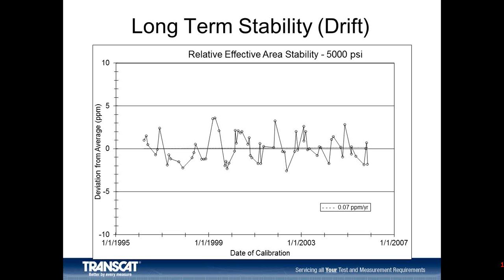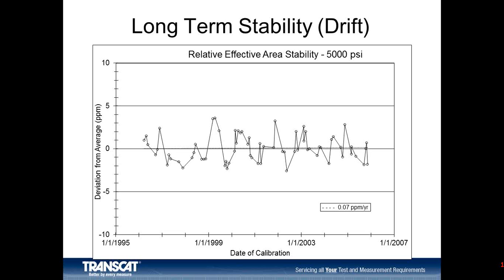It's really not statistically significant because you can see there's a lot of up and down in the data, scatter in the data, and that's because of the repeatability limitation of this process. The repeatability of this process is orders of magnitude larger than the parameter that we're trying to measure, stability.